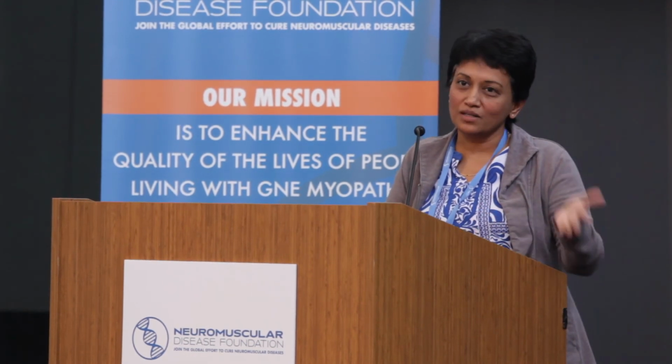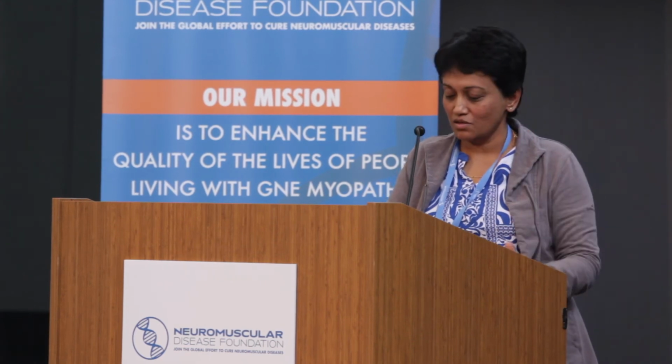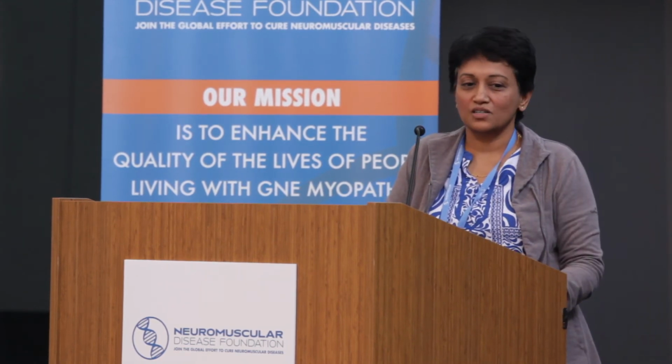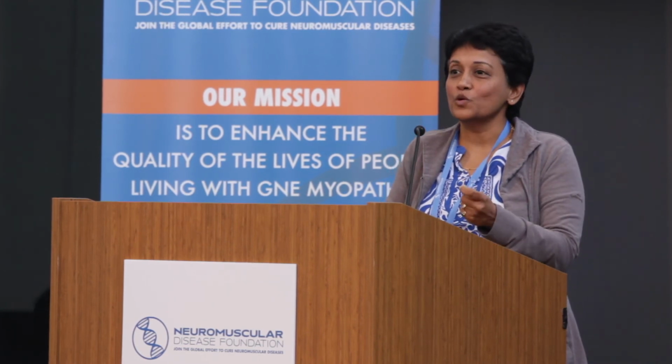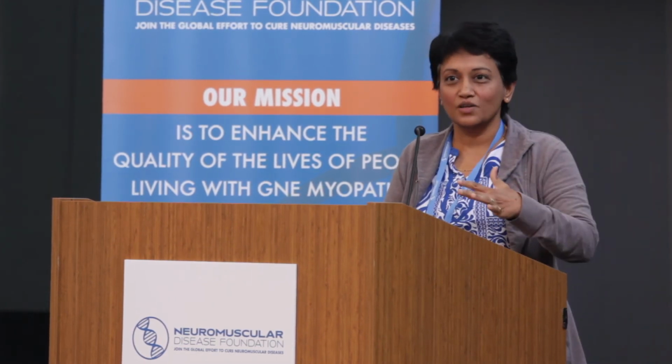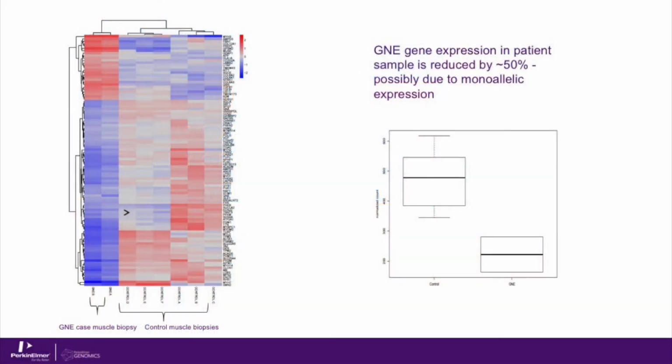By that I mean that one of the alleles is gone and one is expressed, which is the common Indian mutation here. Then we did a gene expression array to prove it, that the gene expression had reduced. And you can see that here with control versus GNE, where the actual expression of GNE had reduced. So that was one way of showing that the deletion actually did something.